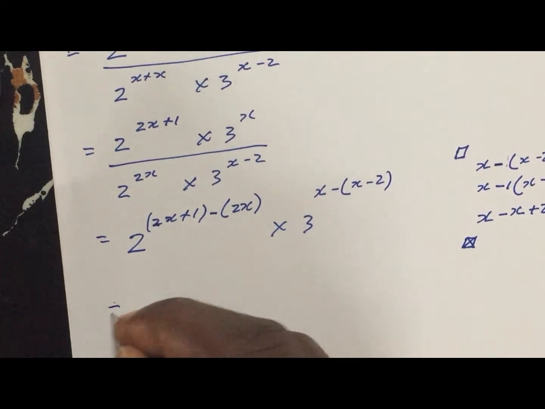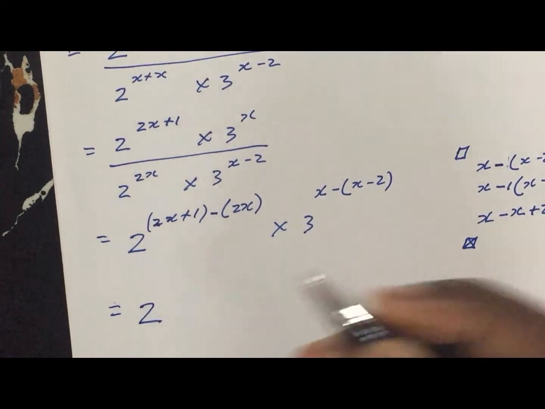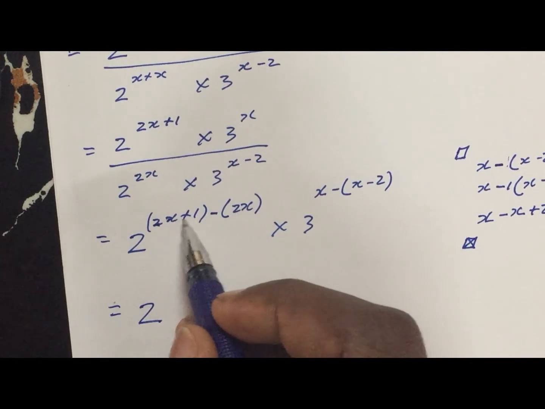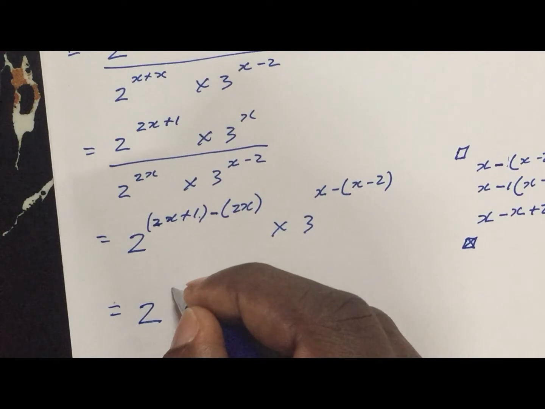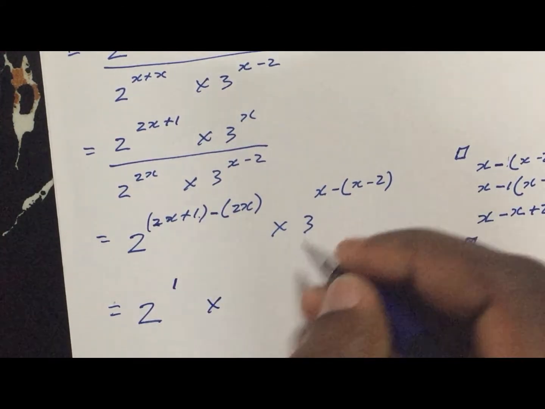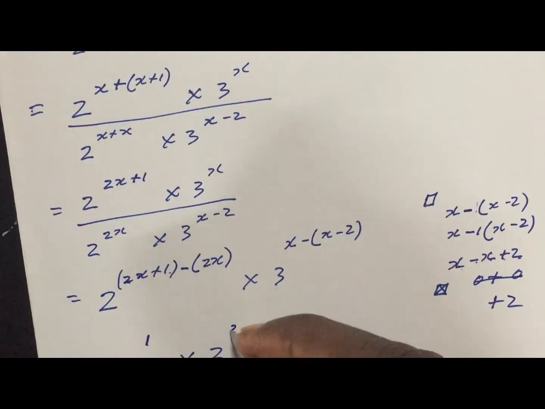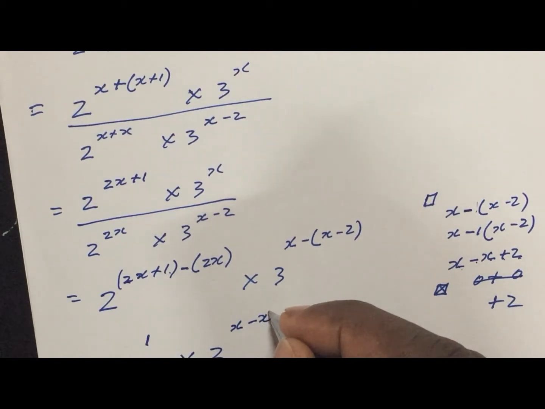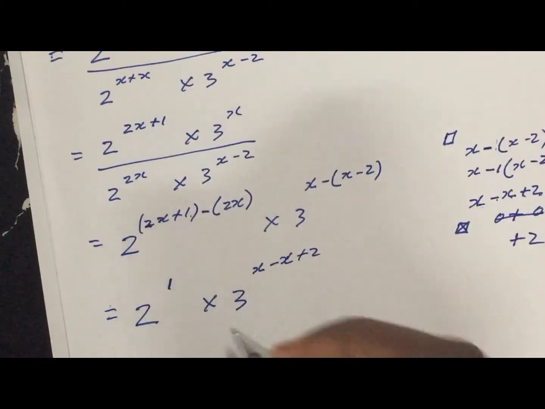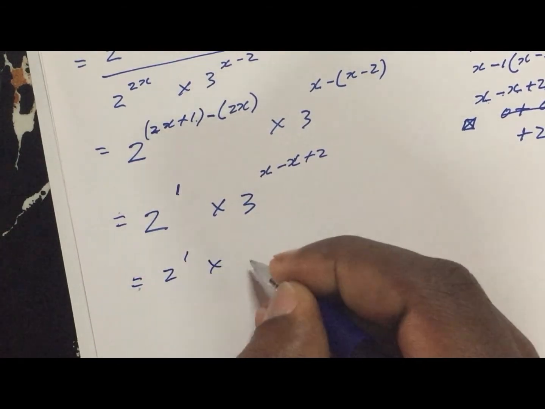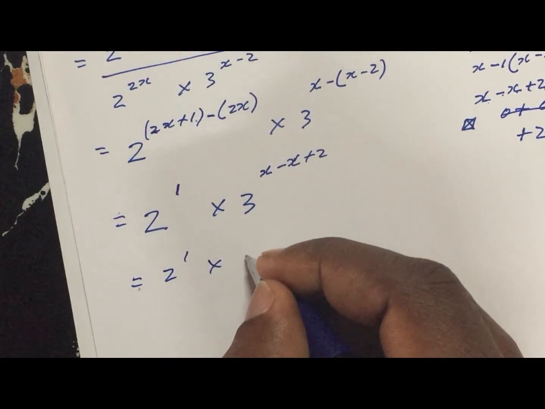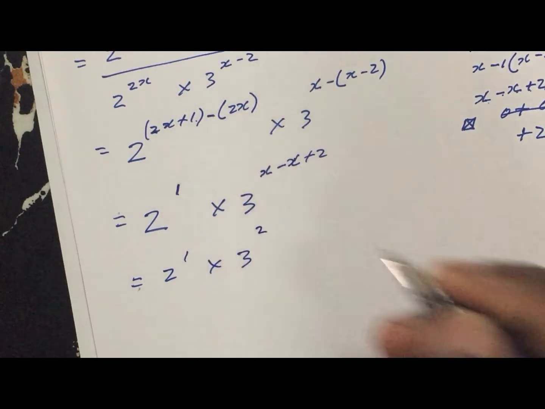In simplifying, we have 2x plus 1 minus 2x. 2x plus 1 minus 2x will just leave us with 1. And we simplified this already. We see x minus x plus 2. That will give us 2 to the 1 times, x minus x will cancel out, so we just have 3 to the 2.